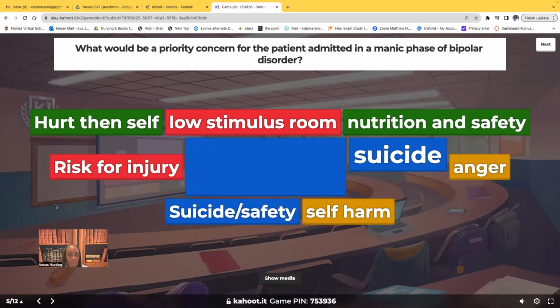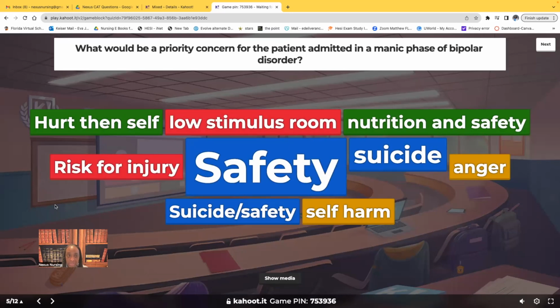Okay, I see hurt themselves, low stimulus in room, nutrition and safety, risk for injury, safety, suicide, anger, self-harm. Let's talk about this.